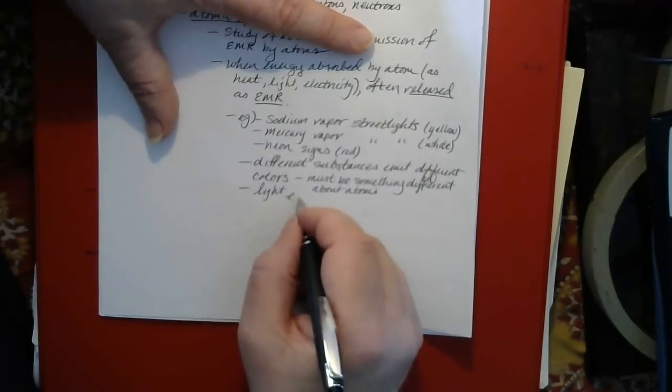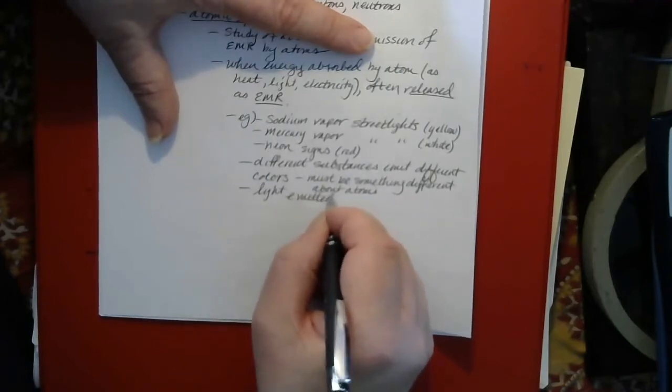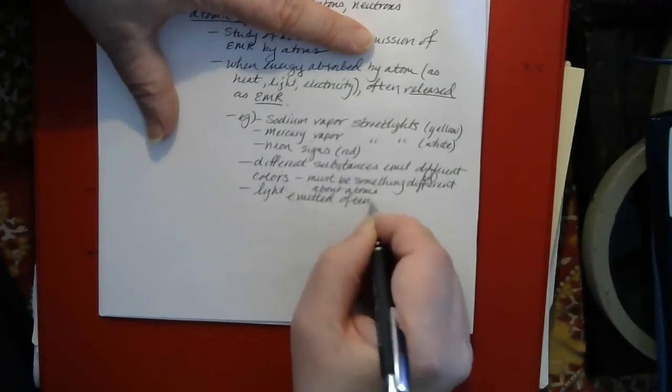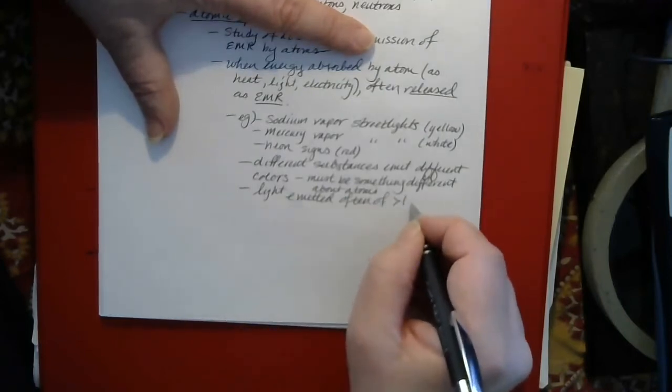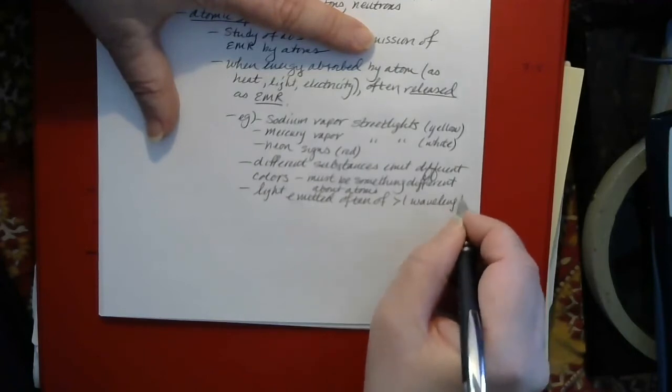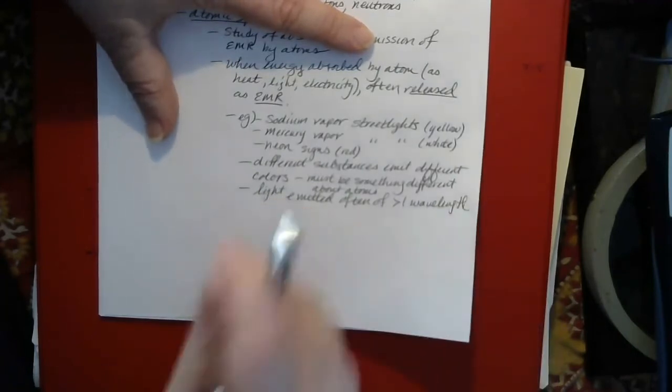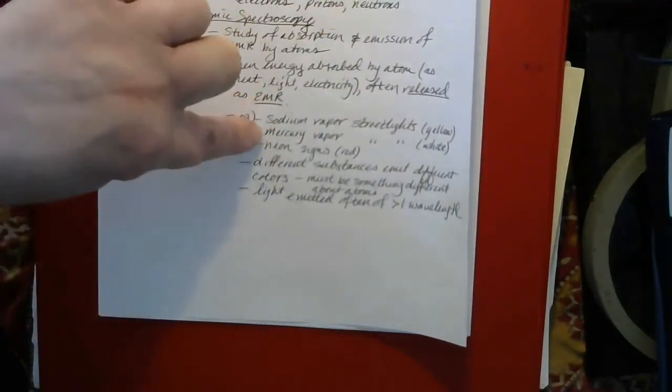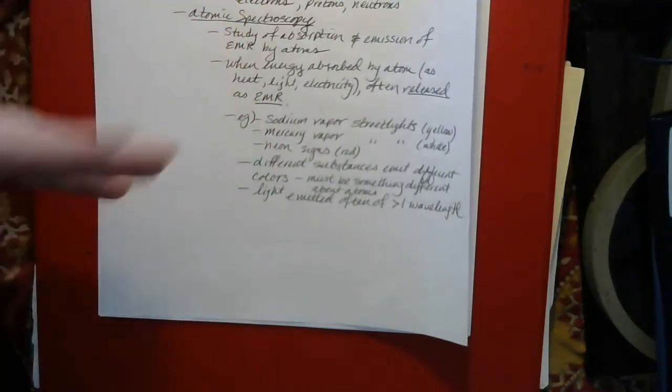Okay, the light emitted is often of more than one wavelength. So lights that work on these principles will often emit more than one color of light, like the mercury vapor lights. Mercury vapor lights emit a whole bunch of different colors, probably a couple dozen different shades of the various colors in the visible spectrum.